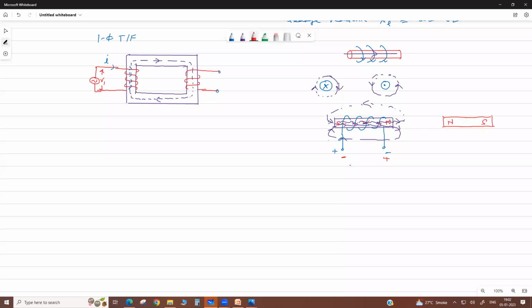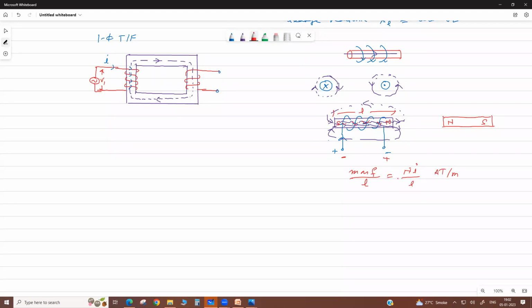Now the strength: MMF, what is the MMF? Magnetomotive force per length of this coil, L, divided by L. So it comes to ampere turns, NI by length. It is ampere turns per meter.